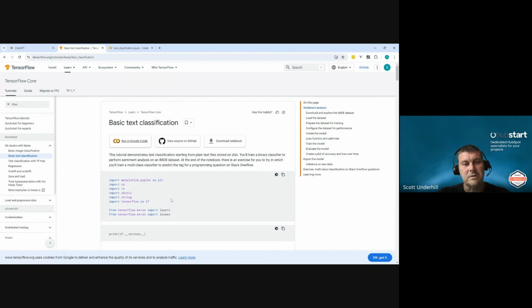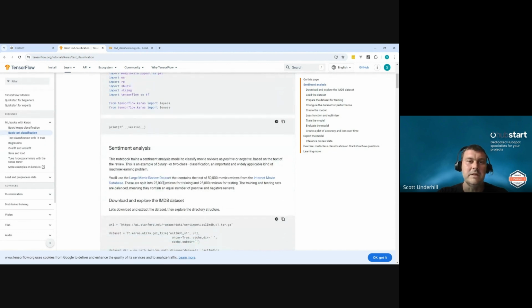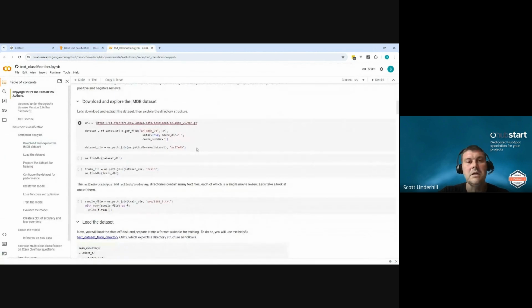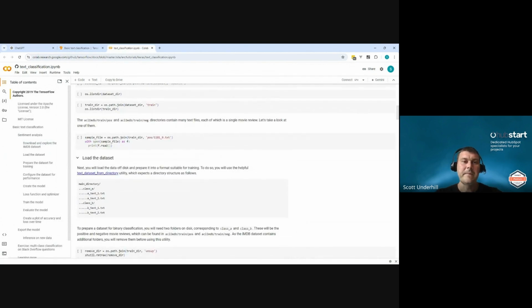I'm not going to go into it much more, but straight out of the box, TensorFlow has a series of libraries which can perform text classification and things like that. So here we can get the sentiments, we can get the classifications. Either we can do that using ChatGPT, or if you really needed structured, very specific models, you can use something like TensorFlow.